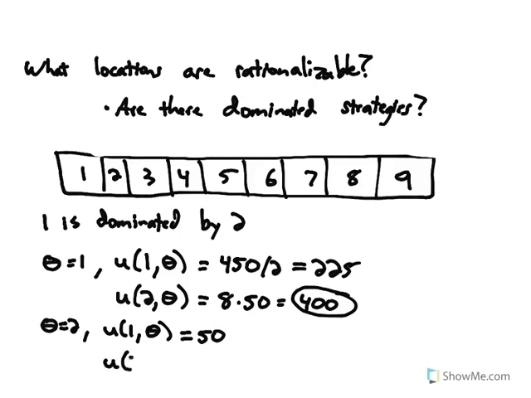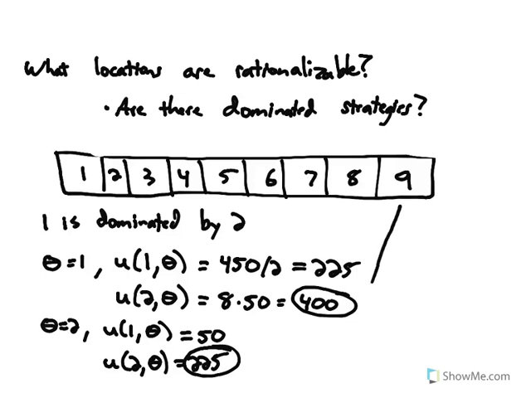Whereas the utility of choosing 2, under the belief that the other player locates in block 2, is going to be 225. Because if she believes the other player locates in block 2 and she herself locates in block 2, her expected utility is half of all the consumers, 225. And again, locating in block 2 is better than block 1. 225 is bigger than 50.